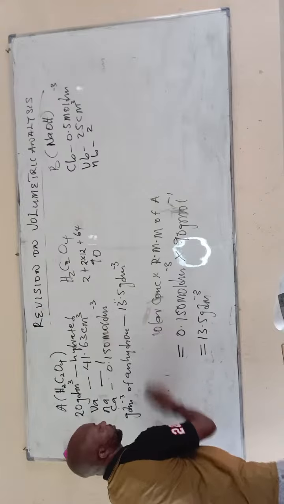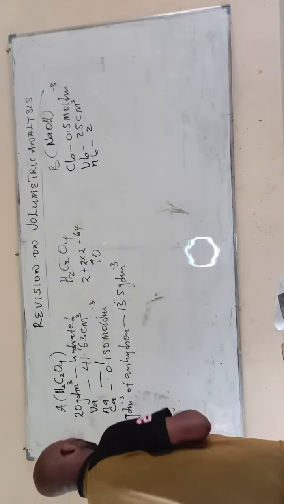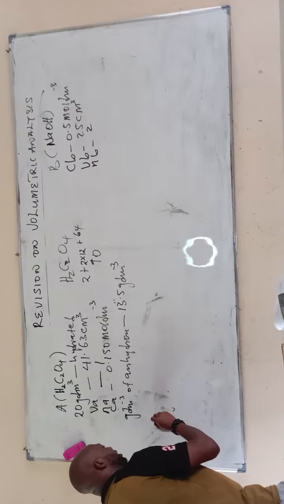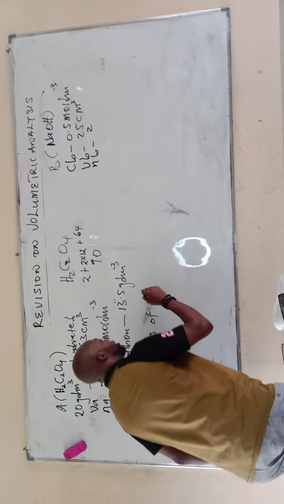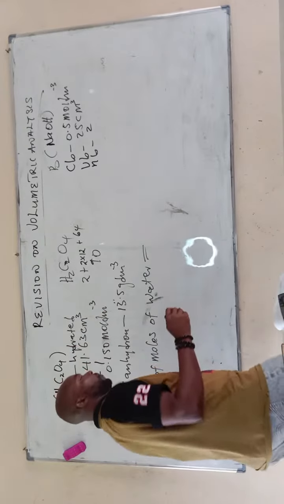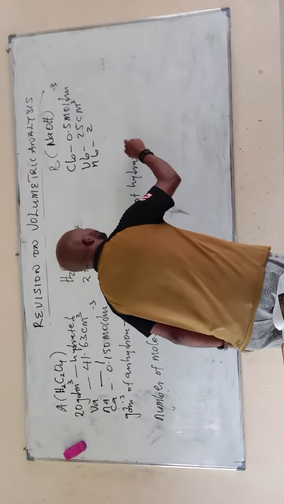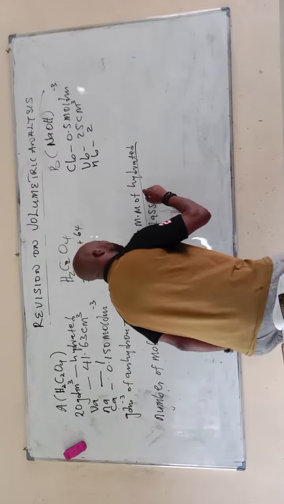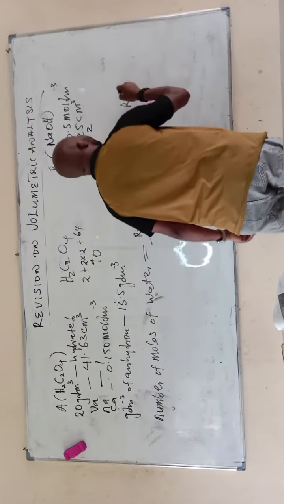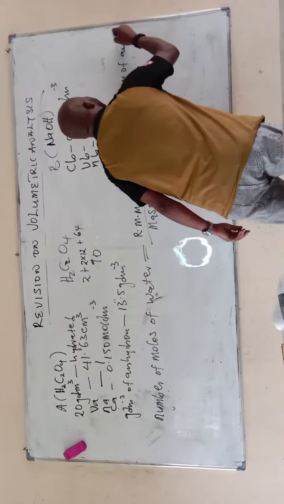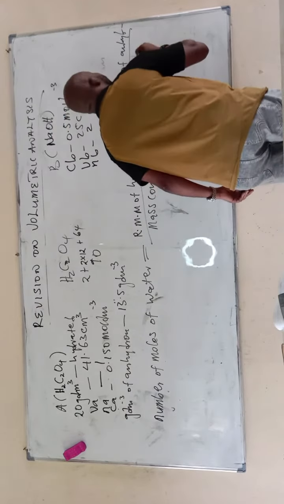So let me put it this way. Now, the formula for the number of moles of water present is equal to the relative molecular mass of hydrated over mass concentration of hydrated, is equal to the relative molecular mass of anhydrous over mass concentration of anhydrous.